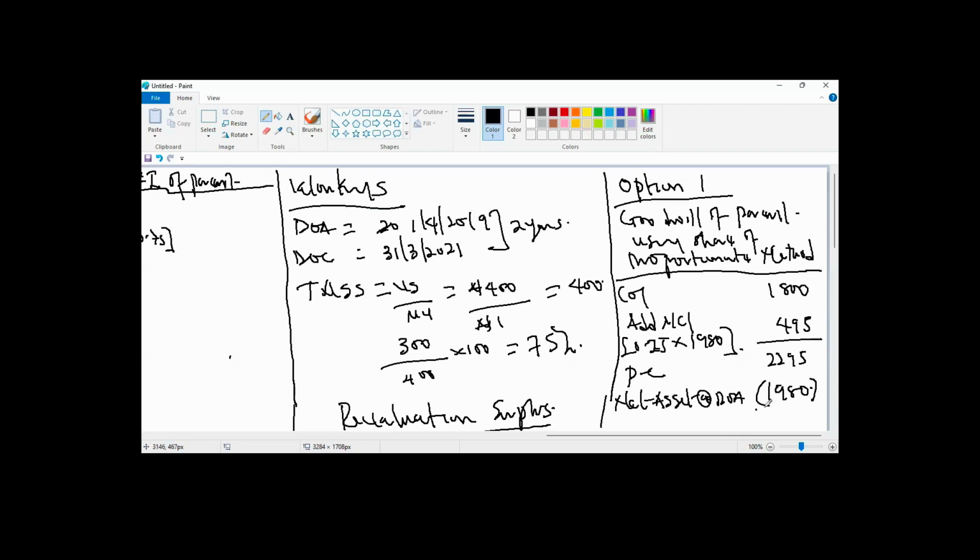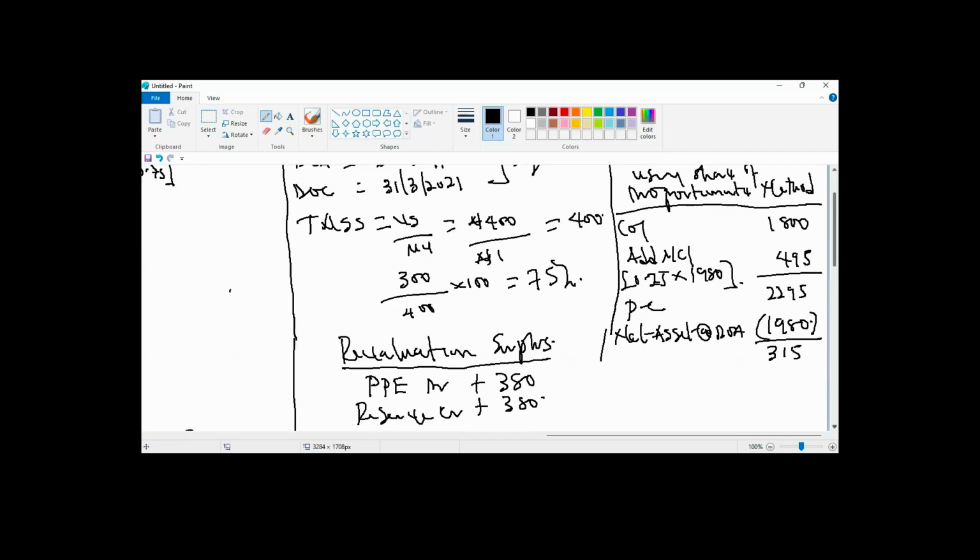This is the goodwill of the parent, 315. I can use the shorter method for the goodwill of the parent. I can also use the share proportionate method, the shorter form.